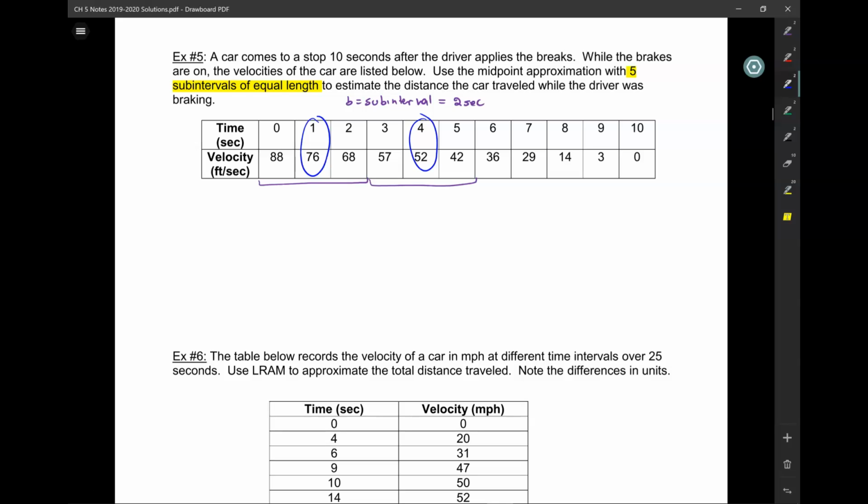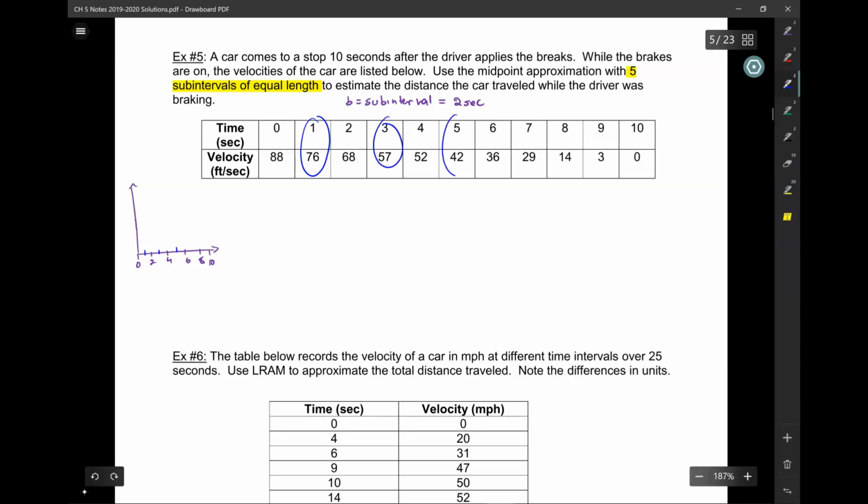Wouldn't you add like 88 and 76 and divide it by 2 to find the midpoint? So if you think about it from 0 to 10 partitioned into 5 units, each one goes to 2, then the midpoints are the 1, the 3, the 5, the 7, and the 9. Okay? So those are my midpoint values.